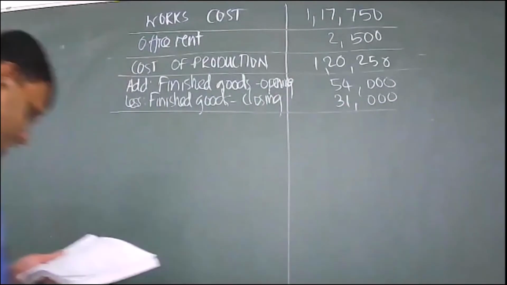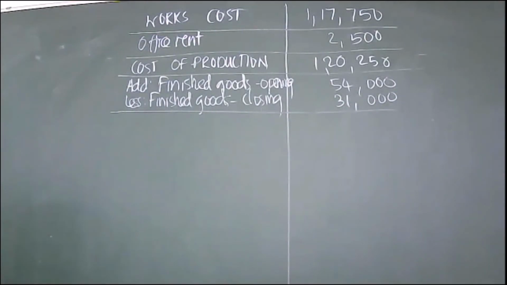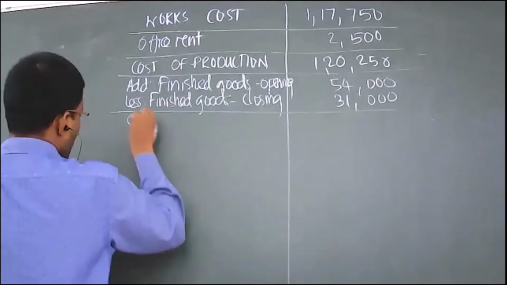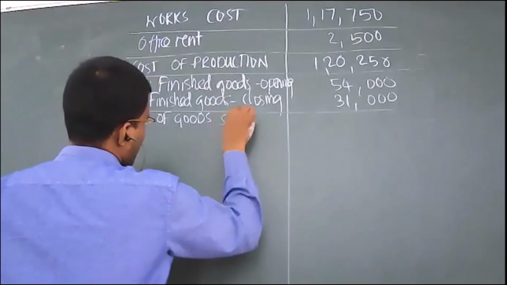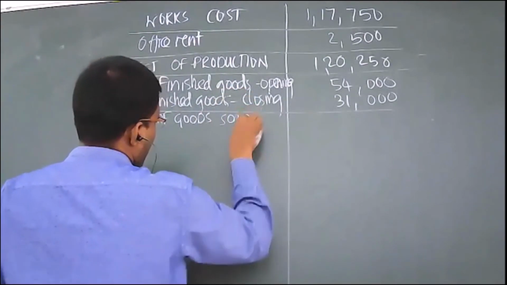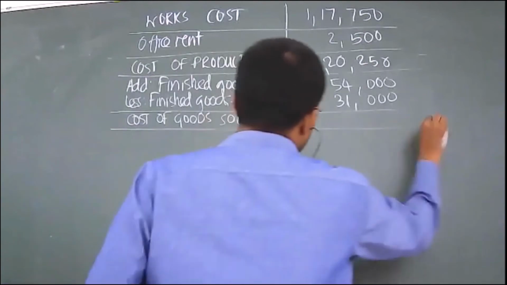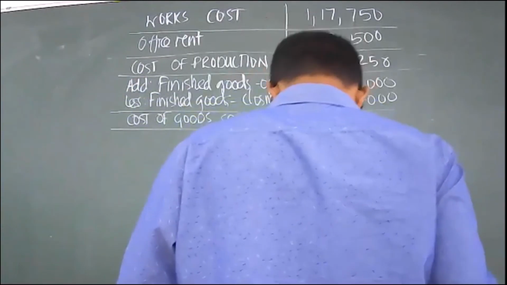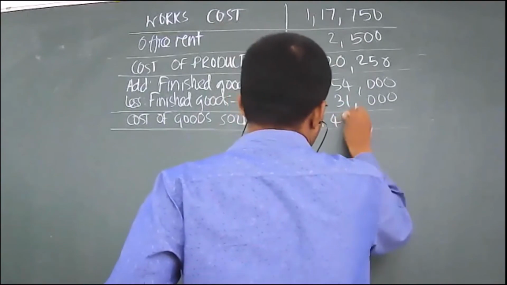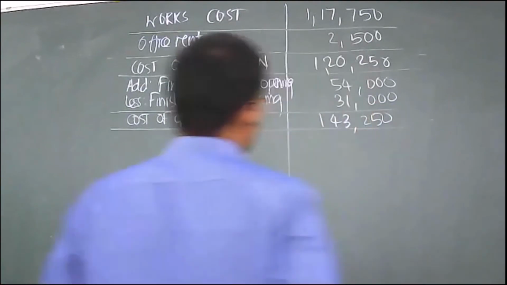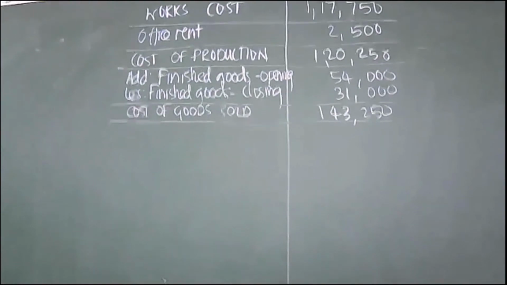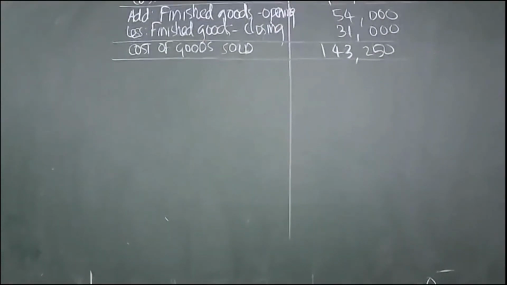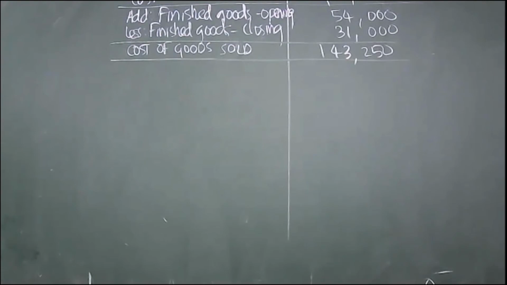When you work this out together, you get cost of goods sold, and cost of goods sold is 1,43,250.